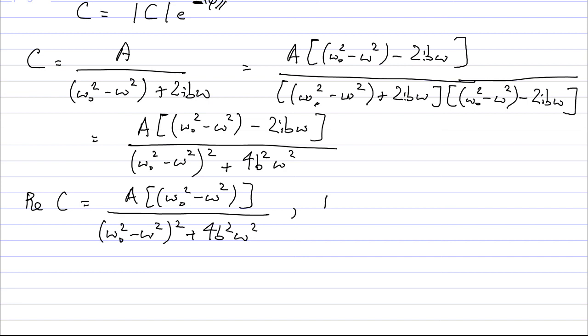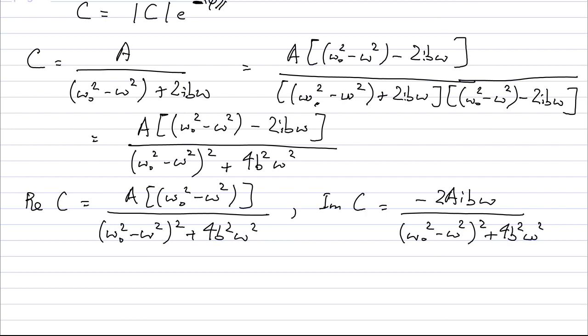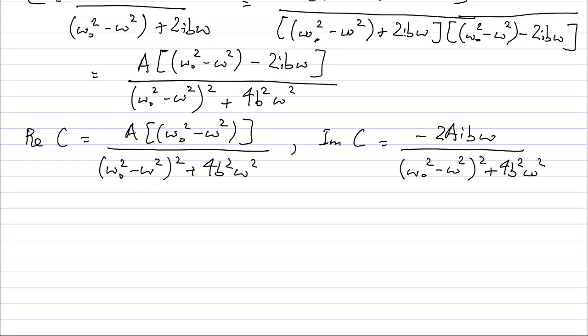The imaginary part of C is given by minus 2aβω divided by (ω₀² − ω²)² + 4β²ω², right? Fine.